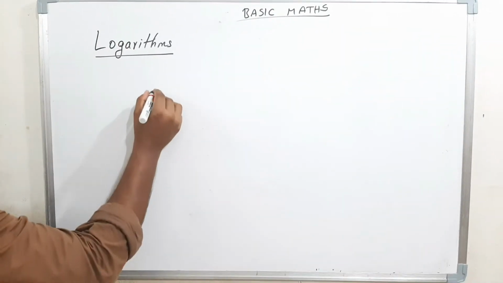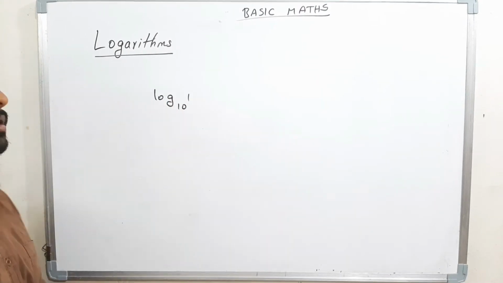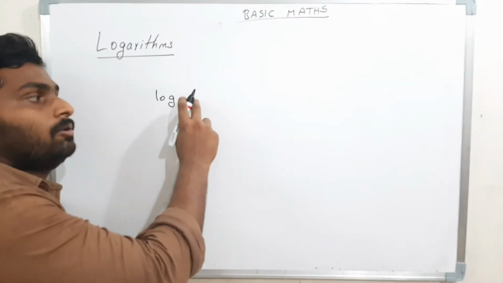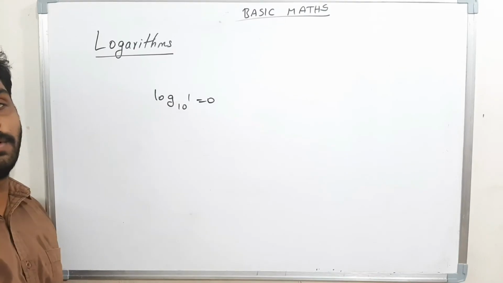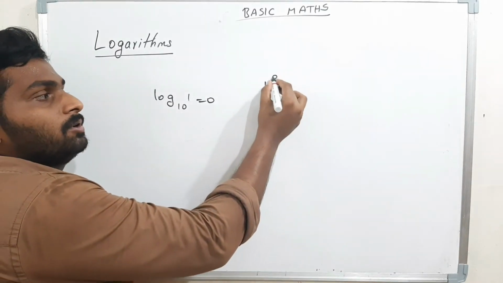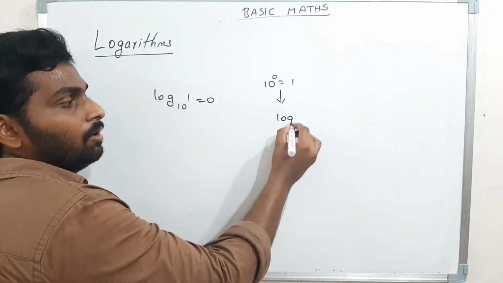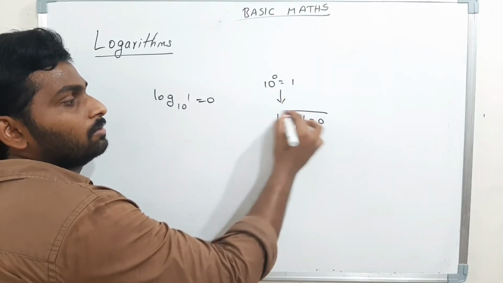Now what is the value of this? Log 1 base 10. What is the value of that? If the value is 1, then the answer is 0. See here, 10 power 0 is equal to how much? 1. Now convert into logarithm: log 1 base 10 is equal to 0.